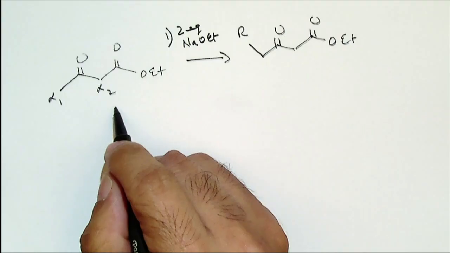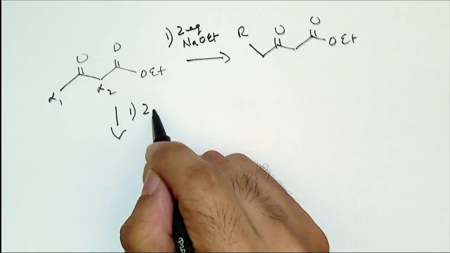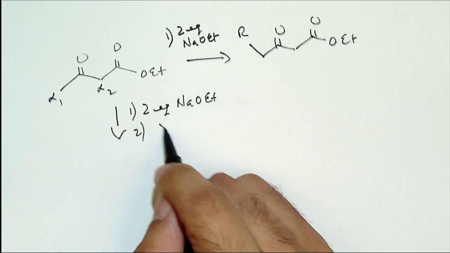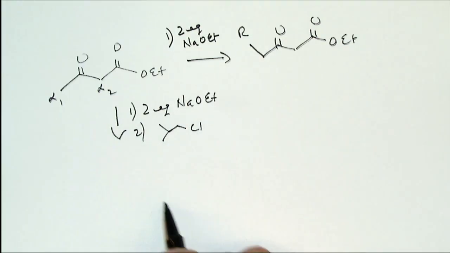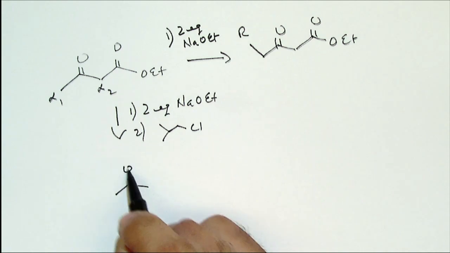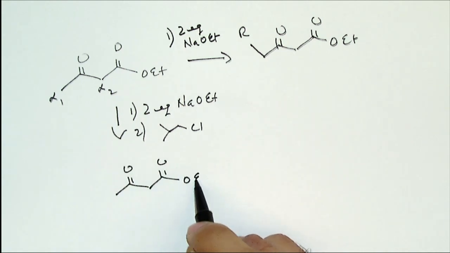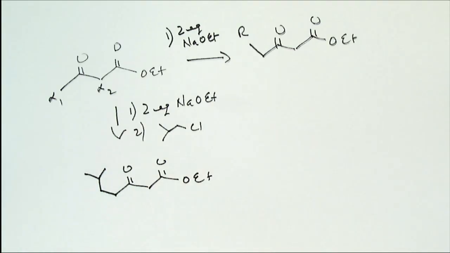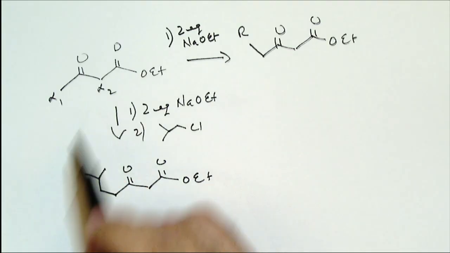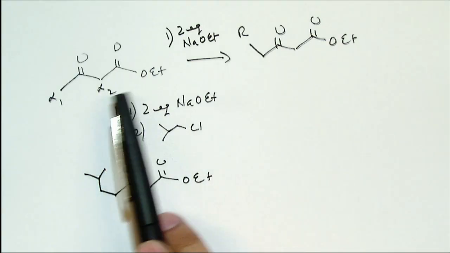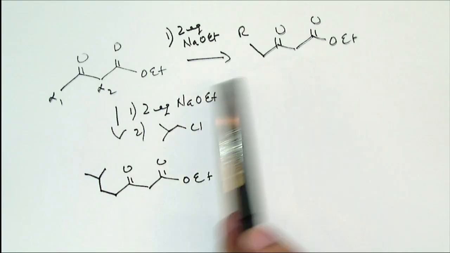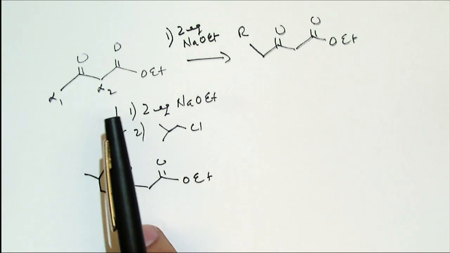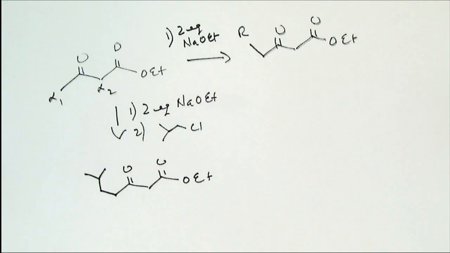So if I treat this with 2 equivalents of sodium ethoxide, and then throw in isobutyl chloride, the product I'm going to get is the one where I have added the isobutyl group at the alpha 1 position. Now, if I had treated that starting material with just 1 equivalent, then it would just be deprotonation as normal at the alpha 2 position. So you need to be aware of that situation.